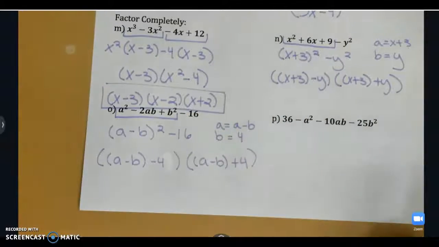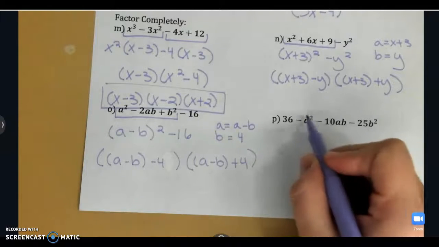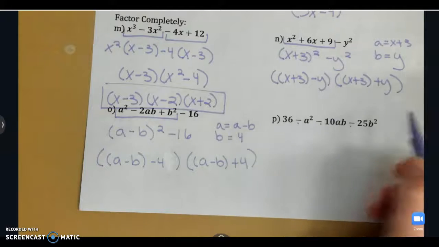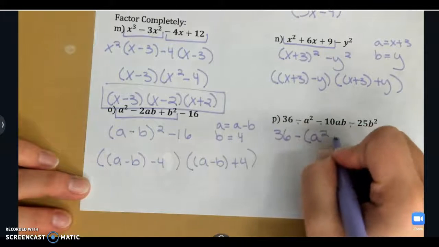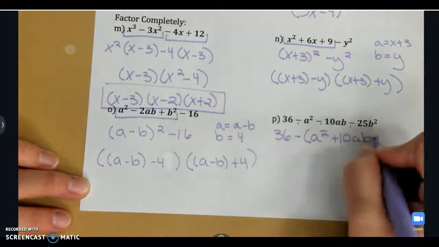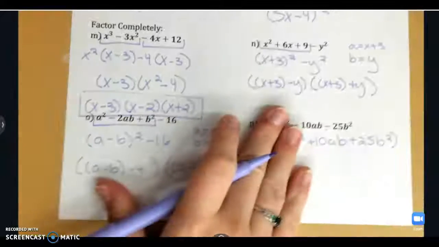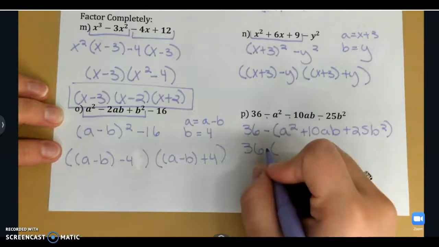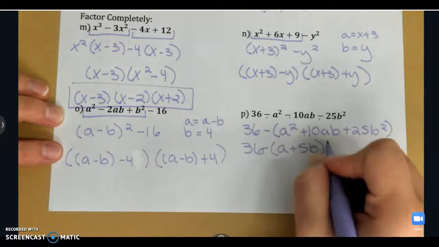Okay. Now this one, we notice here that this is a trinomial, and I've got 3 negatives here. I can factor out a -1 and make all of this positive. And this is actually now a perfect square trinomial, where the first term is a, and we're going to get 5b as our second term.